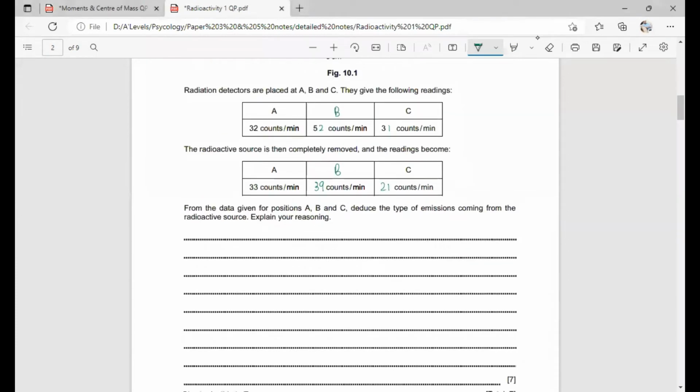Now from the data given, the positions A, B, C, deduce the type of emission coming from the radioactive source and explain the reason why.